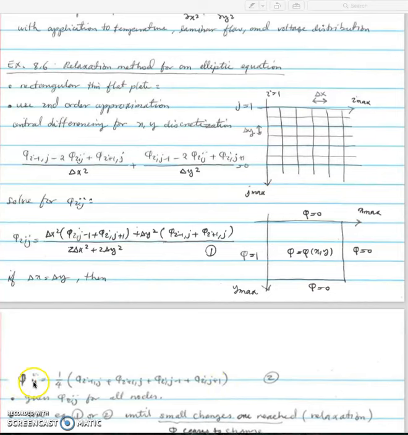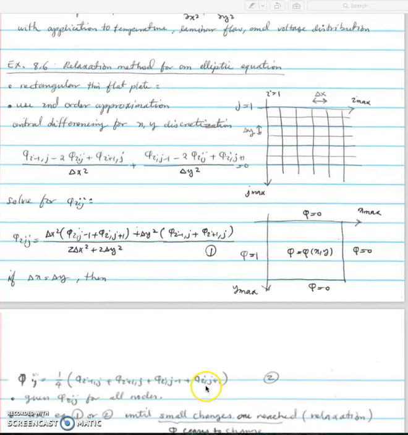Now how can I solve for phi ij? I need to know all these four terms to get phi ij. That means I start with an initial guess. Let's imagine I guess all the phi values for all the grid points, excluding the boundary points. Boundary points are given, so I cannot guess those. For the intermediate points, let's assume phi is 0 initially.